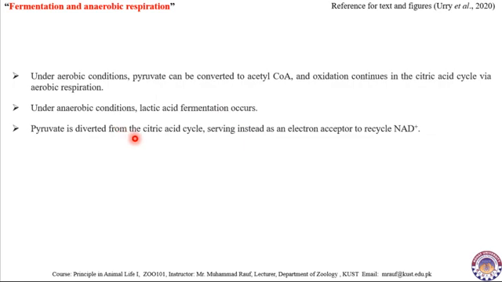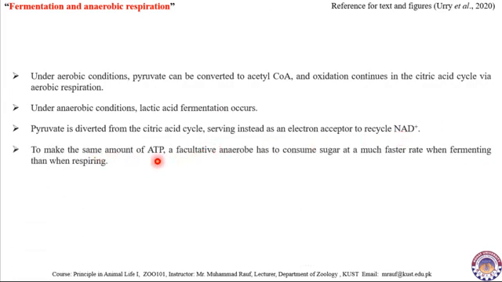Pyruvate is diverted from the citric acid cycle. Of course, when there is no oxygen, the citric acid cycle and electron transport chain will not take place. So then pyruvate will be diverted to another route, that is lactic acid fermentation. The purpose will be to get rid of the 2 electrons occupied by NADH.